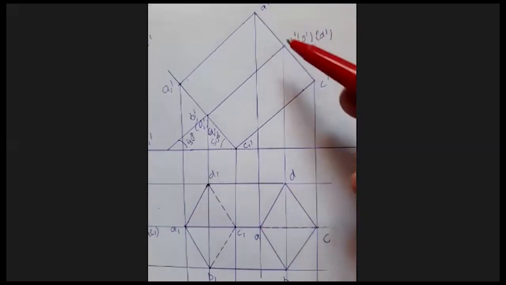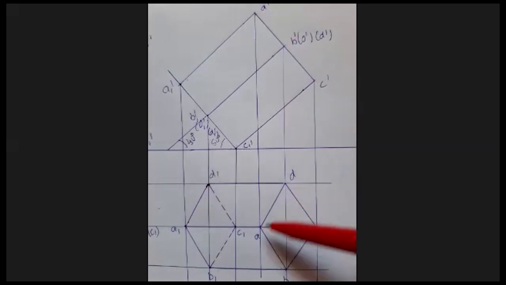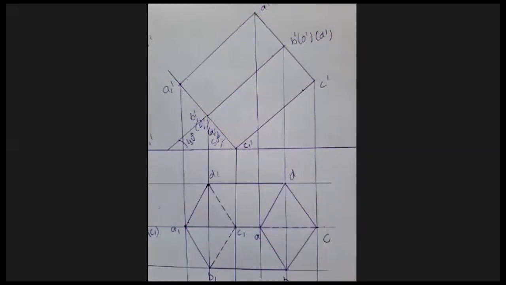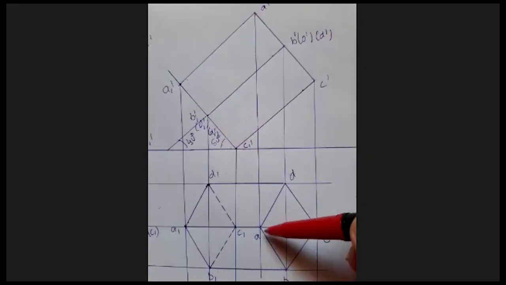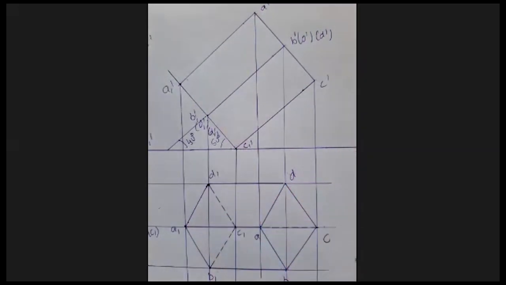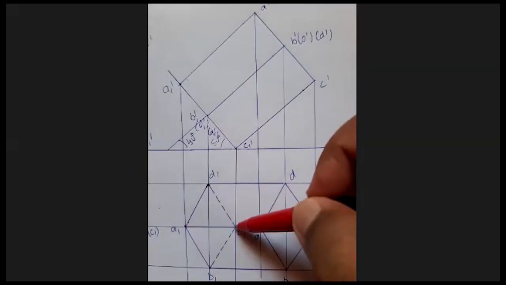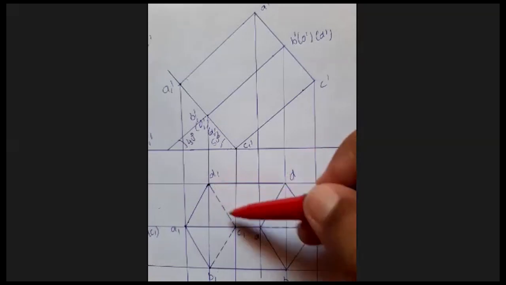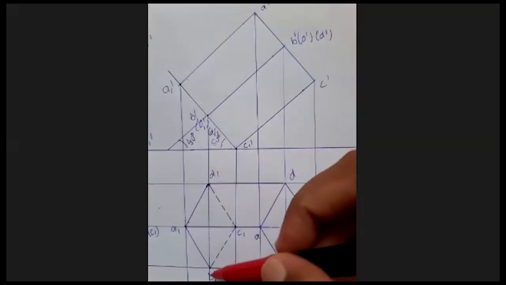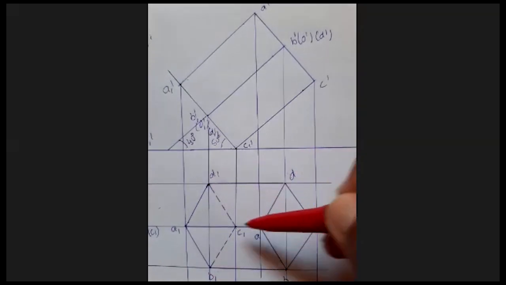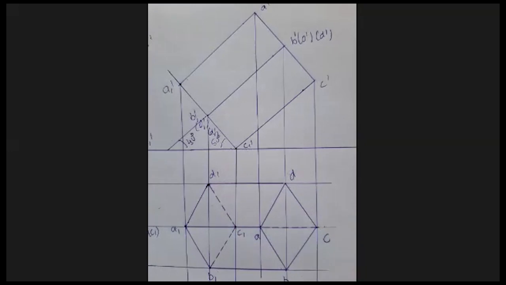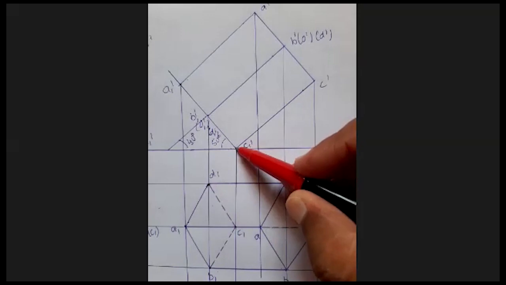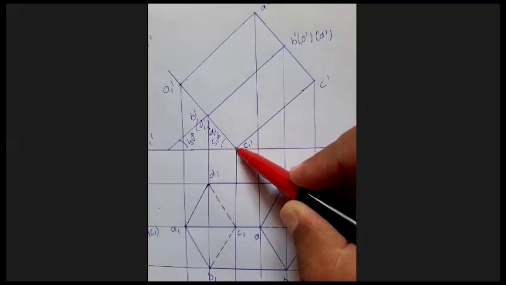This part is visible, this line is visible, which I have already drawn, as well as A to A1. The only thing I have not drawn is from this point, that is C1 to D1, B1 to C1, and C1 to C. So that is the line which is coming out from this point.